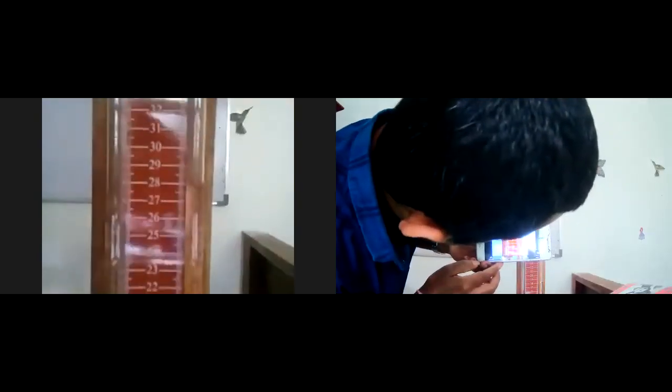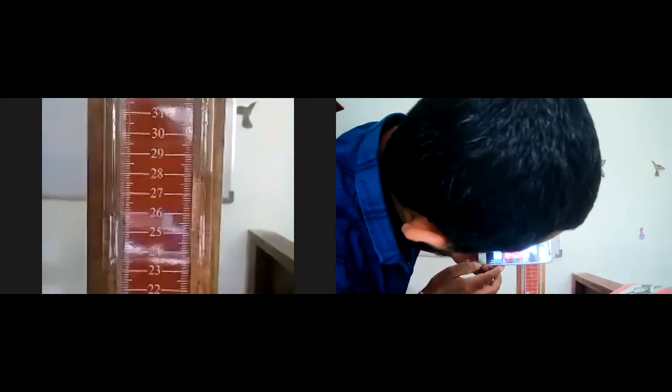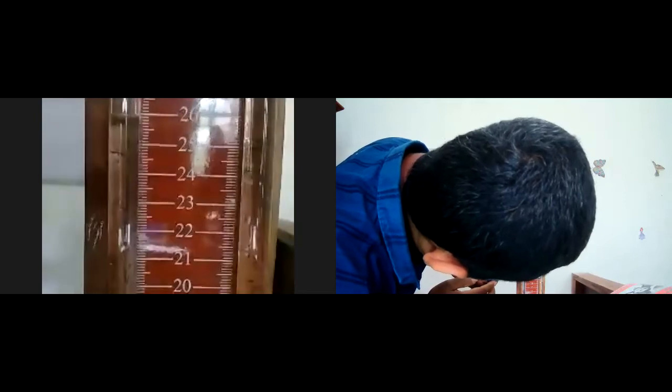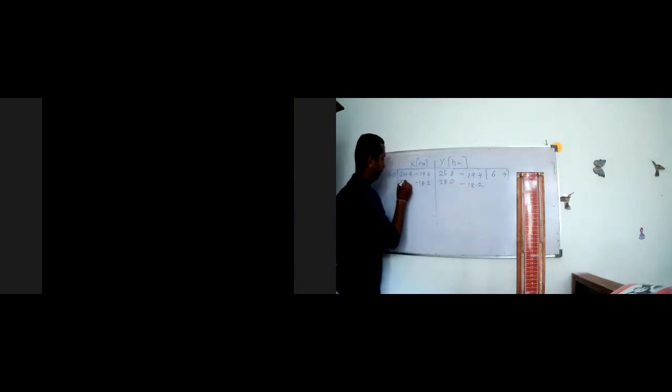The upper reading is 28. This reading is 28, and this one is 25.6. Right?